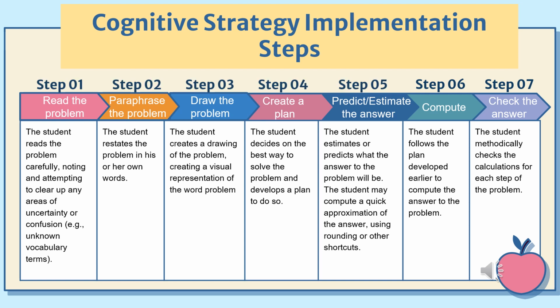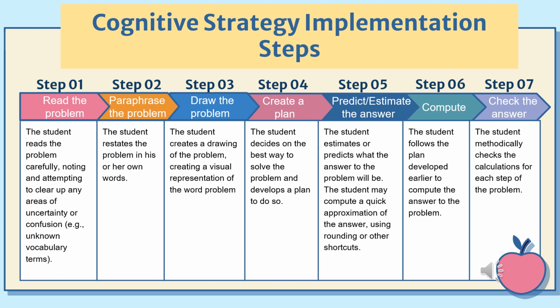Solving an advanced math problem independently requires the coordination of different skills. The student must be able to implement specific steps for problem solving, which are the cognitive strategy steps, as well as having the metacognitive skills required for monitoring the process of problem solving. The student is taught a 7-step process for solving a math word problem, which is the cognitive strategy.